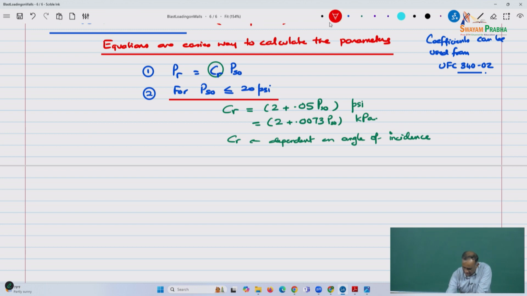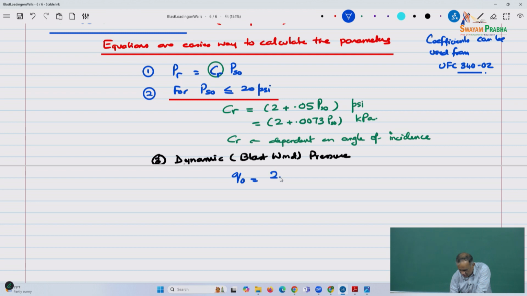Then the third equation is the dynamic or the blast wind pressure, and this expression is given as Q naught, which is 2.5 PSO square by 7 P naught plus PSO, or in a simpler form, P naught is the atmospheric pressure.